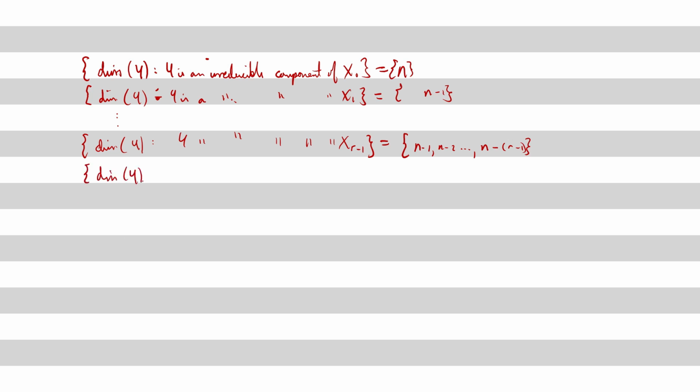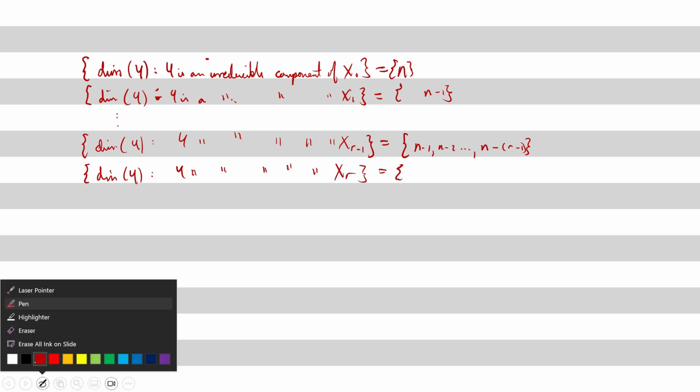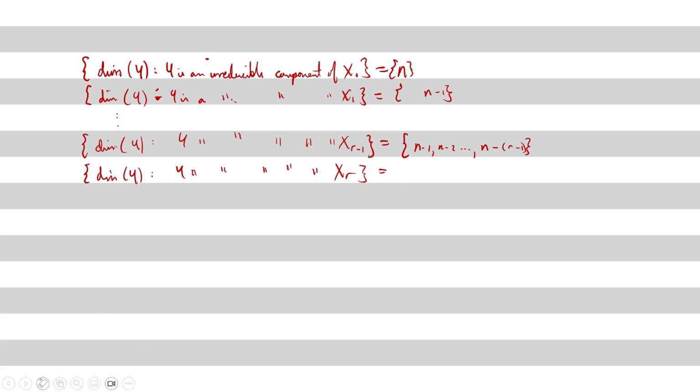Dim Y such that Y is an irreducible component of X_r is, I am sorry, n minus 1, dot dot dot, n minus r plus 1, n minus r. But X_r is equal to the vanishing set of our original ideal.